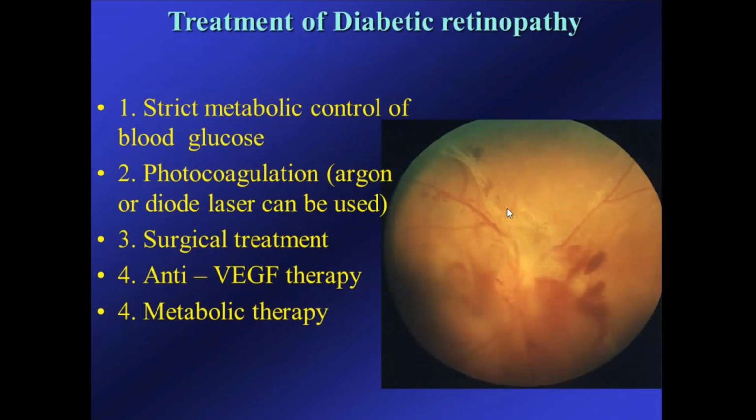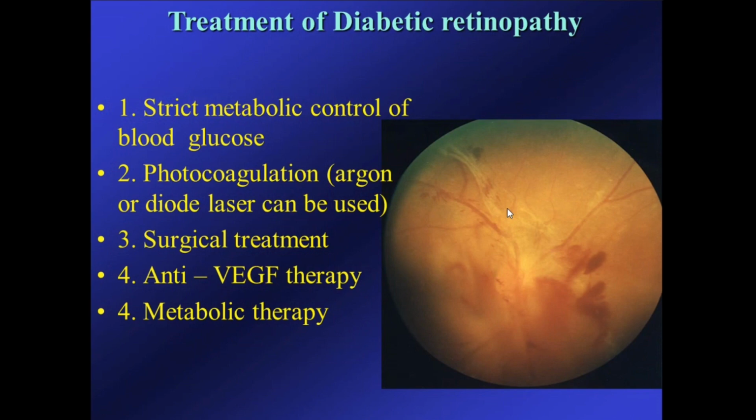I have already mentioned that 90% of the people with diabetes mellitus have diabetic retinopathy. That's why the treatment, management, and diagnostics of diabetic retinopathy are very important. In the case of arterial hypertension, we should just control the arterial hypertension to stop hypertensive retinopathy.